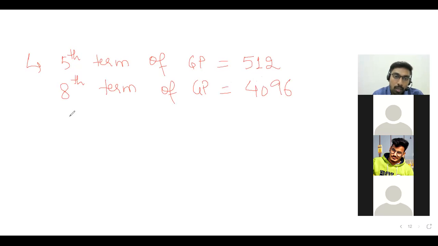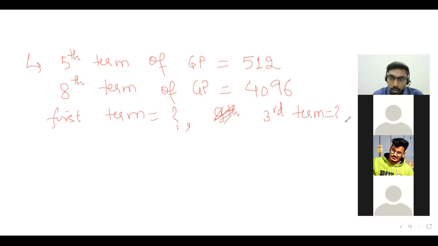So what will be the first term? First term equal to what? And you need to calculate one more thing, that is the third term. Tell me. Please try to calculate. It's a random question. If you have a problem in the calculation, then please tell me.